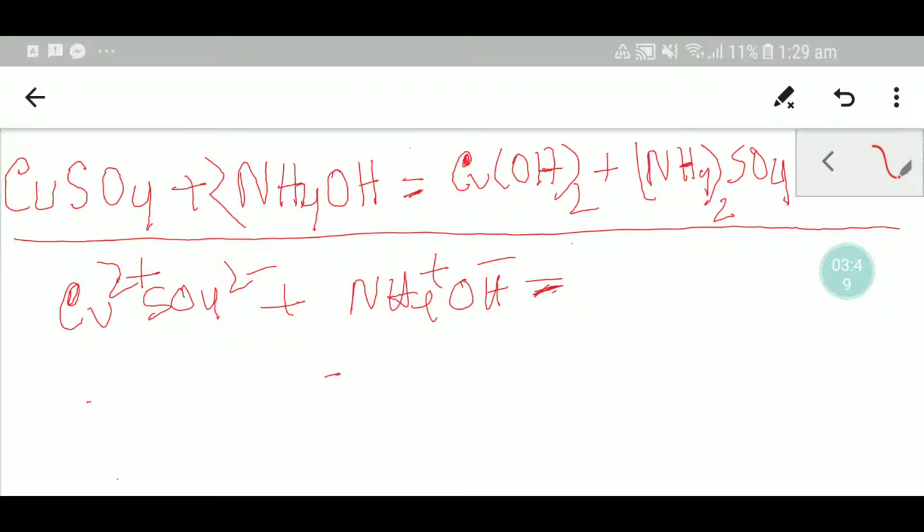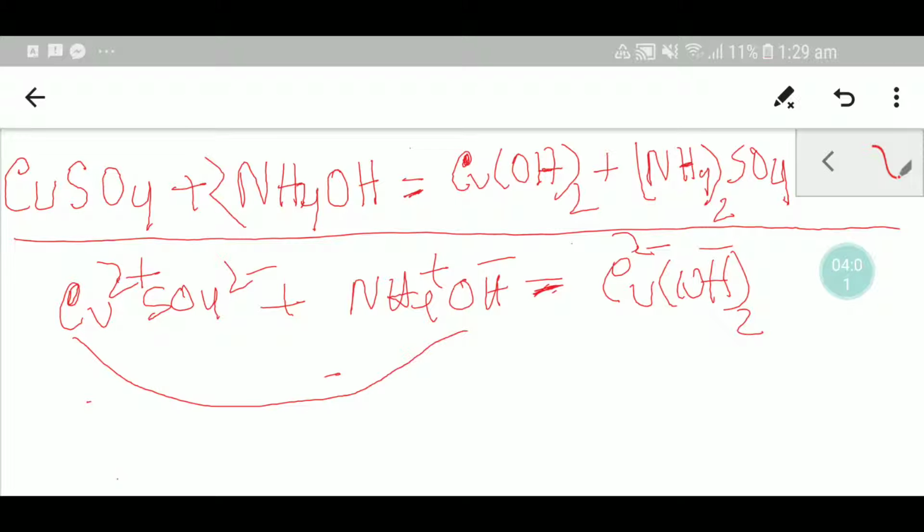So here you are getting this 2 plus will go with this negative one, so copper hydroxide, right? So copper hydroxide, this is 2 plus and 1 minus, and these 2 hydroxide must come from this compound, so you have to place here 2, right?